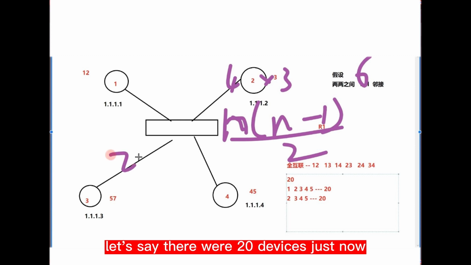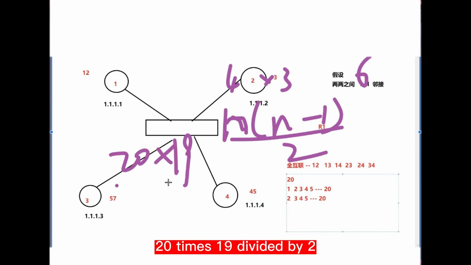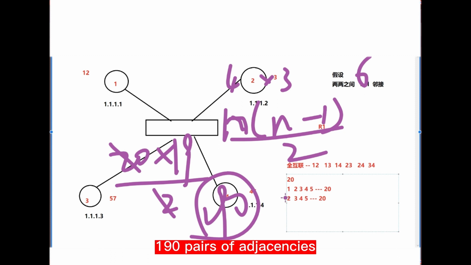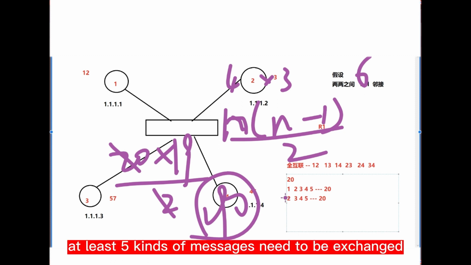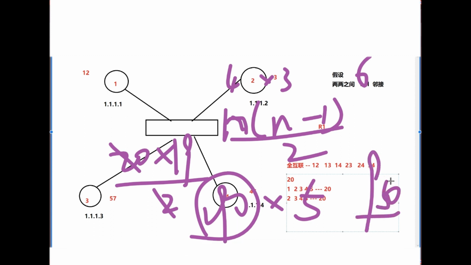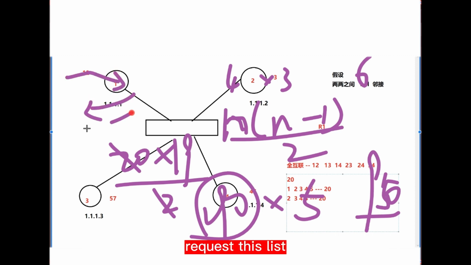Let's say there were 20 devices just now. 20 times 19 divided by 2 is 190. You will find 190 pairs of adjacencies. At least 5 kinds of messages need to be exchanged. That's 950 packets. Certainly, when the end device is making a data request, request this list.